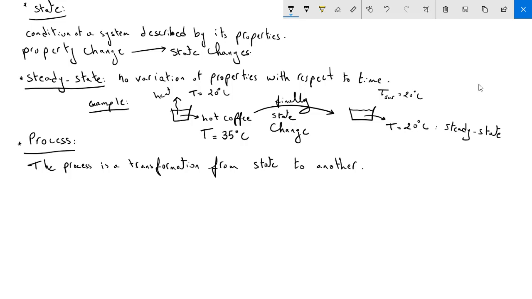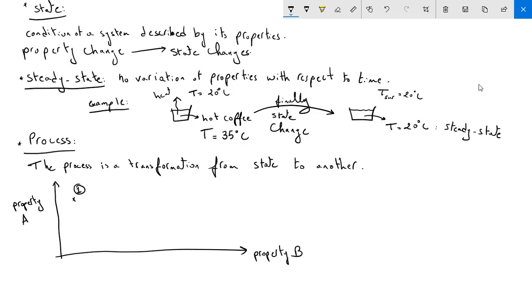To see this graphically, let's say on the y-axis we have some property, property A, and on the x-axis we have some property, property B. The system is at state 1, this point here, which is defined by the values of two properties, B1 and A1.